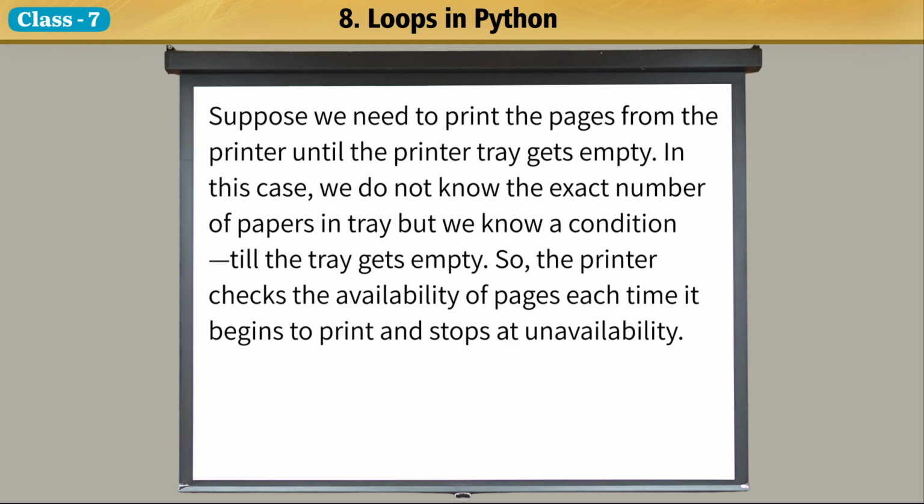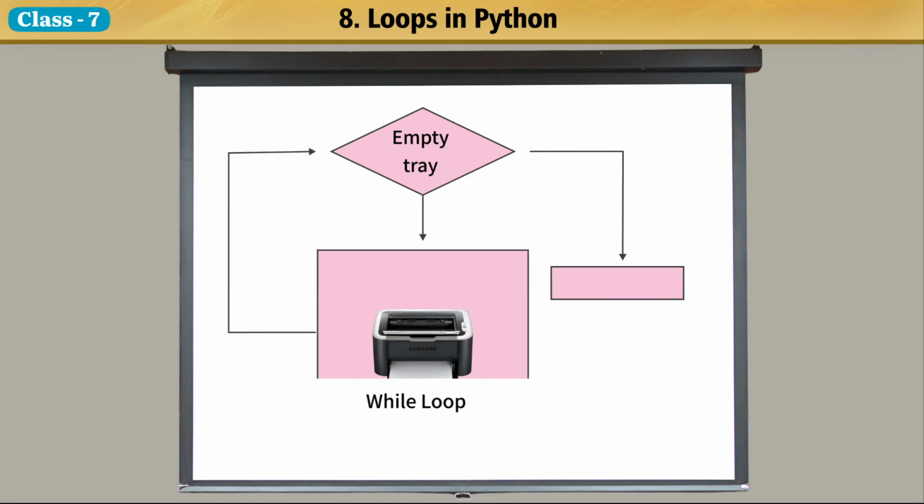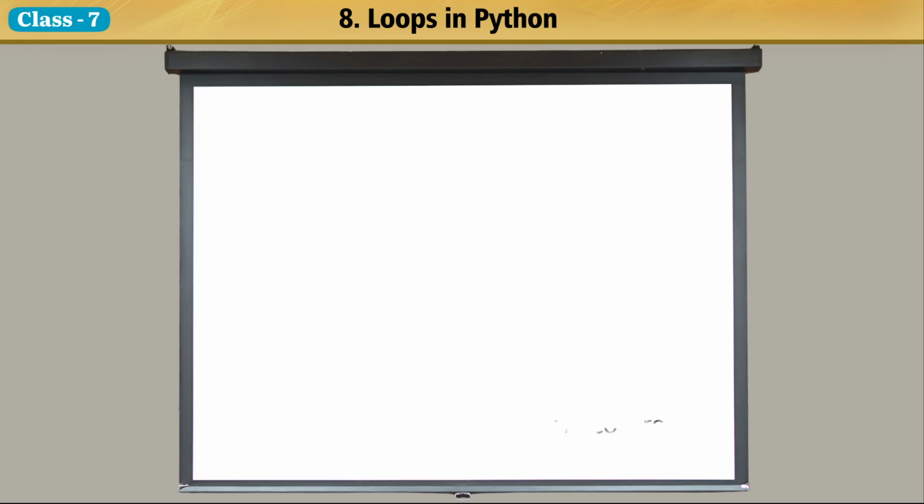So, the printer checks the availability of pages each time it begins to print and stops at unavailability. While loop. Empty tray? No: continue printing the pages. Yes: stop printing. While loop is also known as entry control loop.